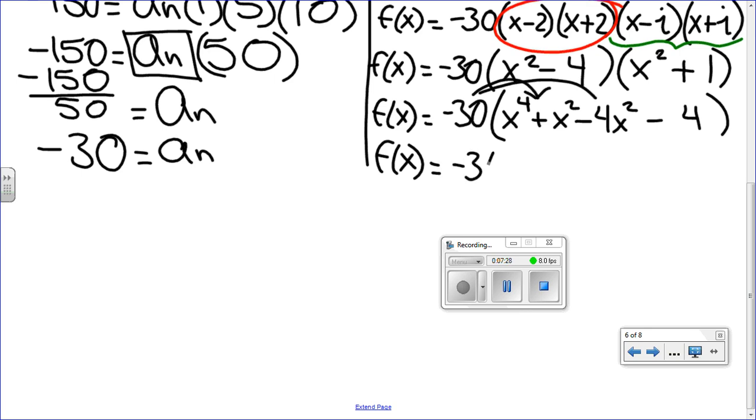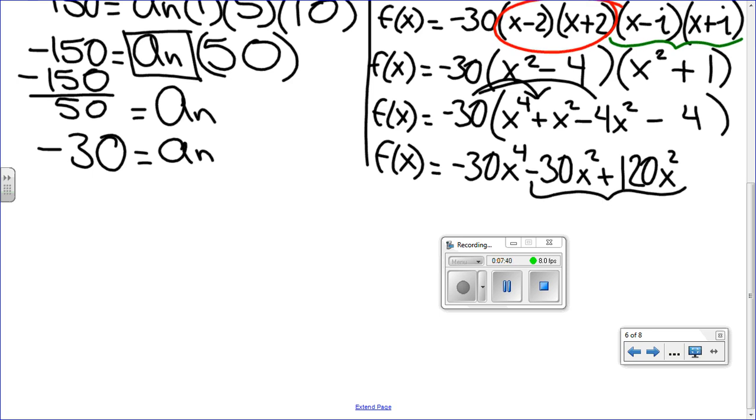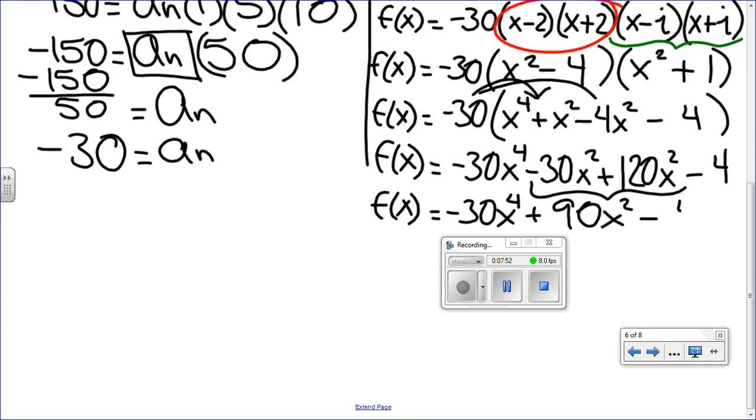So that'll be negative 30 x to the 4th minus 30 x squared plus 120 x squared. Oh, actually, I can combine those like terms, right? Yeah. 1 minus 4. So that will be negative 30 x to the 4th plus 90 x squared minus 4.